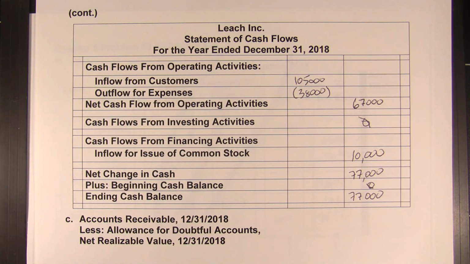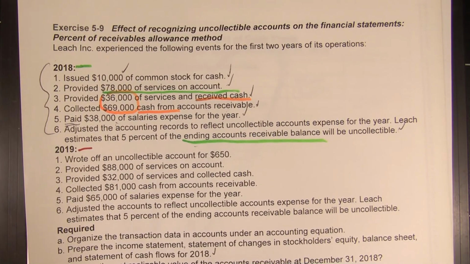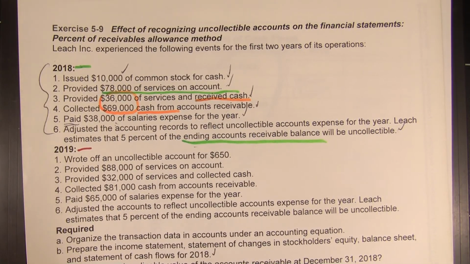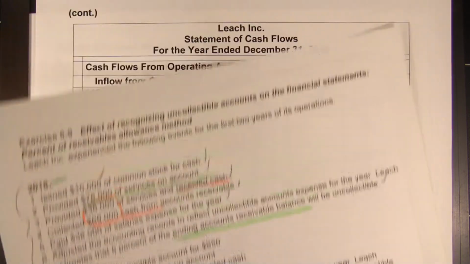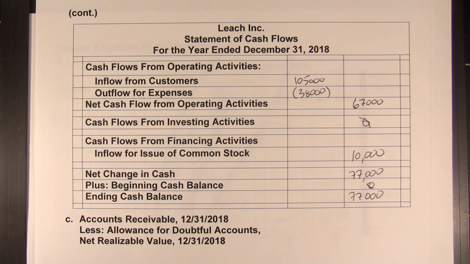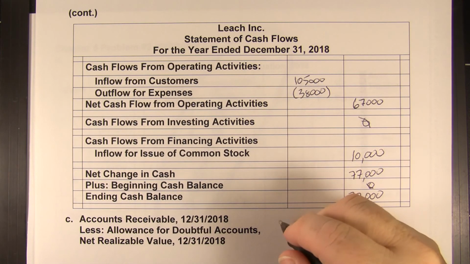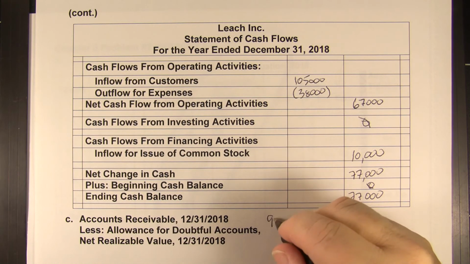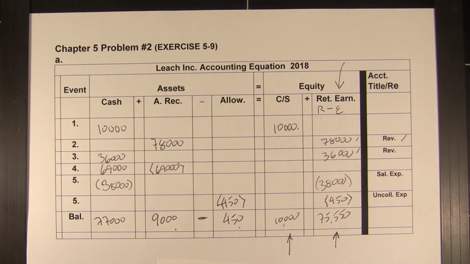Now, they also ask us, what is the net realizable value of the accounts receivable at the end of each year? Well, we already did that, but we'll do it again just to make them happy. The accounts receivable was $9,000. Do you remember where we got that from? Don't believe me? Make me show you right here.